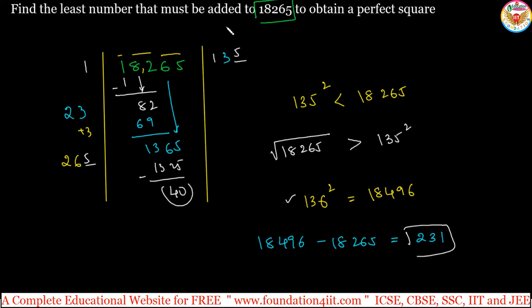What should be subtracted means whatever remainder you got, you have to subtract. But for what should be added, you find the square of the next number, and that minus the given number. Whatever you get, that should be added, right? So the required number to add is 231. Okay, these are the ways we can do. And next we'll see the properties of square numbers also.